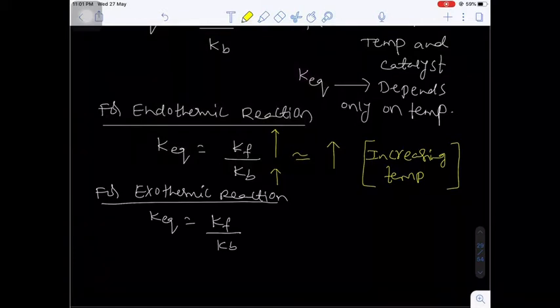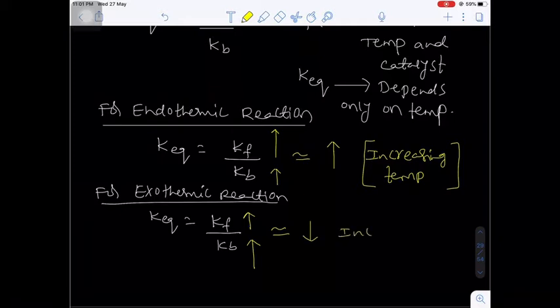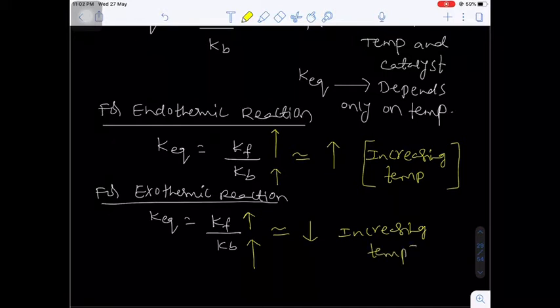So in this situation, what happens? If you raise the temperature, the rate constants of both the forward and backward reactions increase, but the rate constant of the forward reaction increases less as compared to the rate constant of the backward reaction. That means overall the equilibrium constant value decreases if you increase the temperature. Are you getting my point?